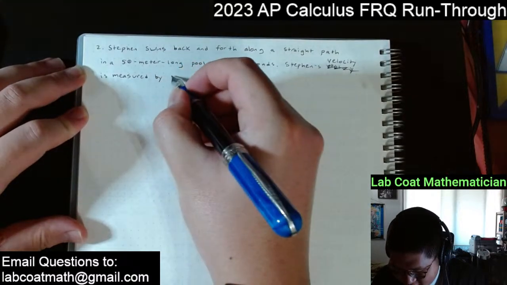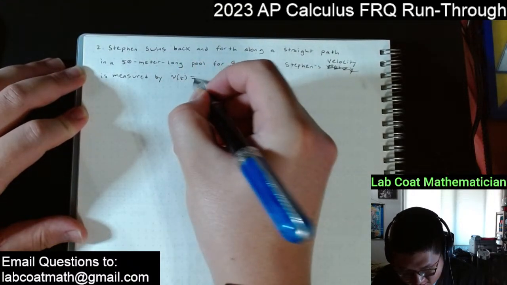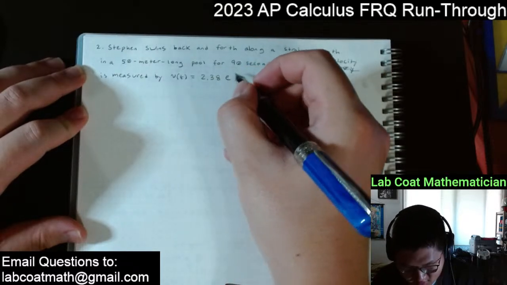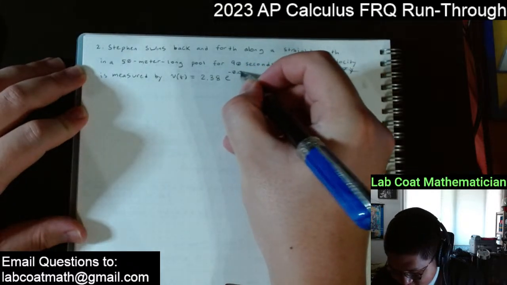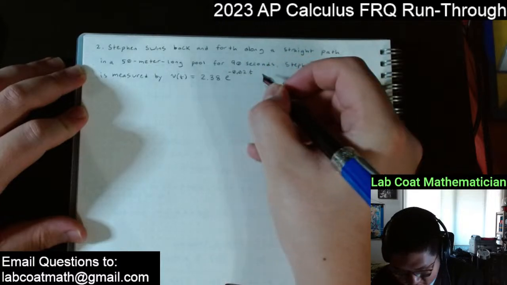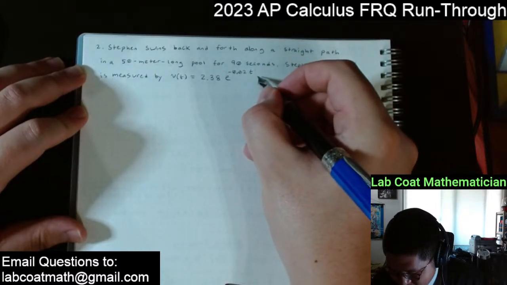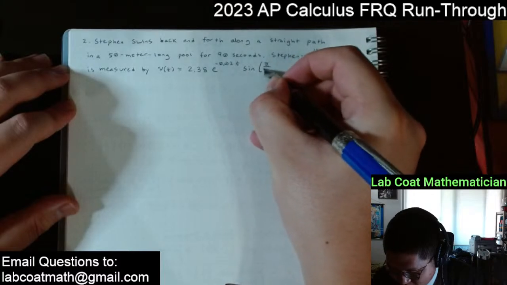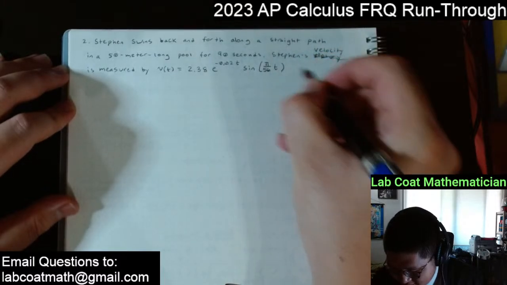By the function v of t being equal to 2.38 multiplied by e raised to the negative 0.02 times t up on the exponent spot, but we still then multiply it by sine of pi over 56 multiplied by t.